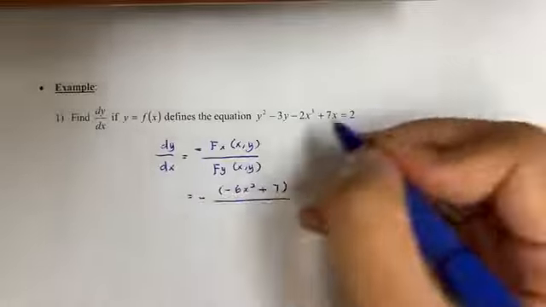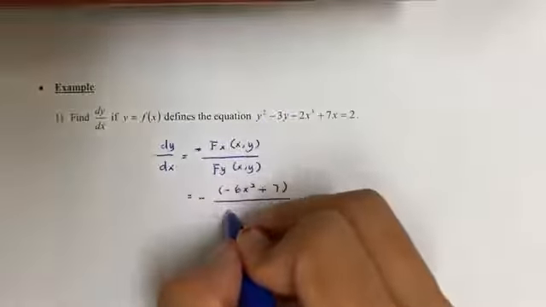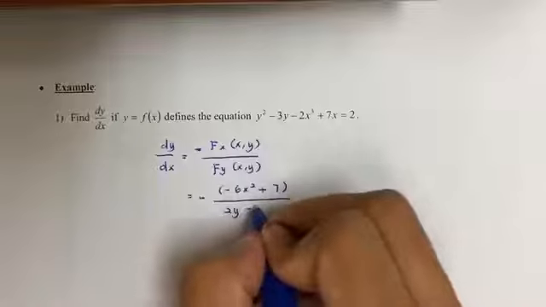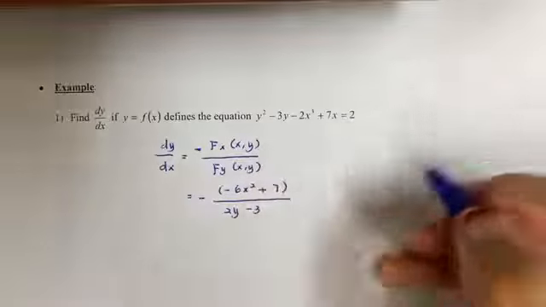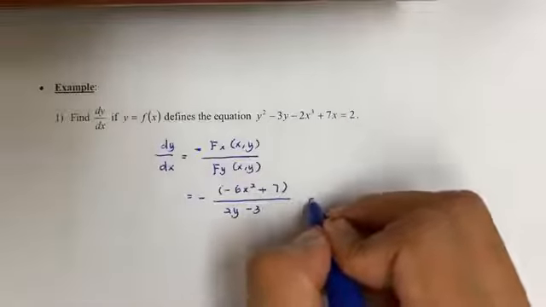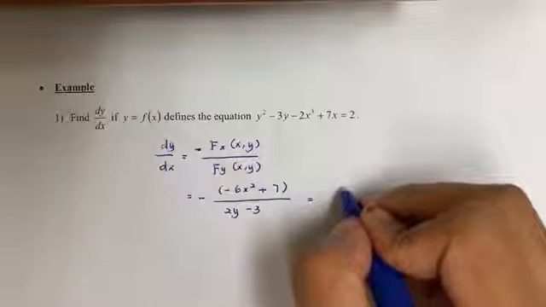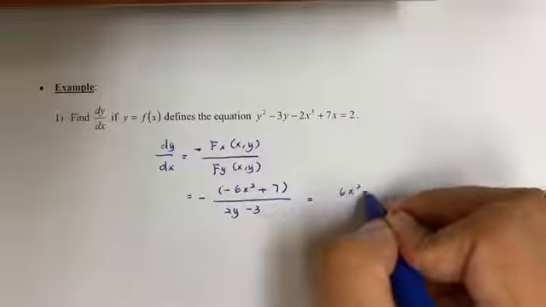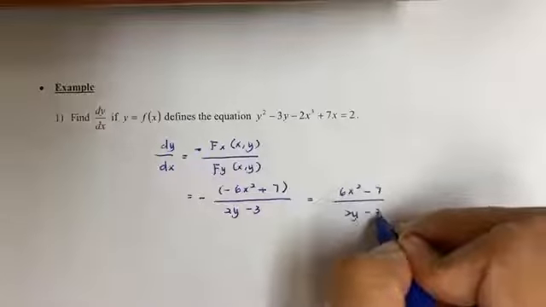Divided by, differentiate f(x,y) with respect to y. So this one, you have 2y minus 3, minus 0 plus 0 equal to 0. So this is the last answer: 6x squared minus 7 over 2y minus 3.